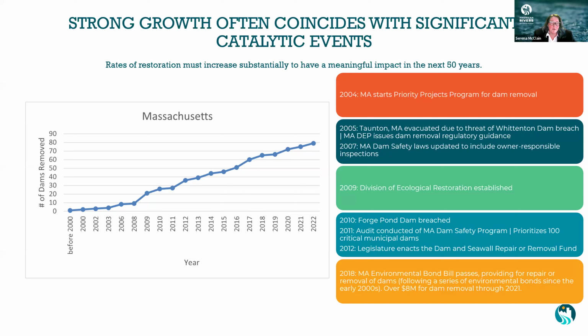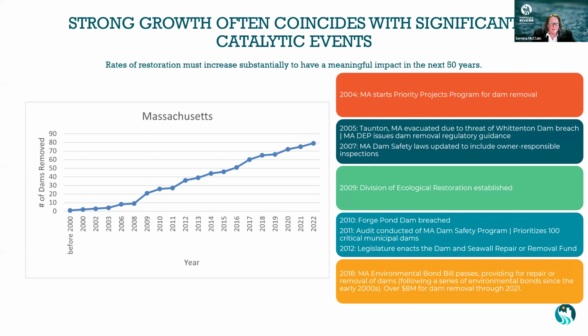The Forge Pond Dam breached, prompting in 2011 an audit of the Massachusetts Dam Safety Program. One of the outcomes of that was that 100 dams were prioritized for repair or removal, critical municipal dams. By 2012, another thing that you see coming out of this is the legislature enacts the Dam and Seawall Repair or Removal Fund.